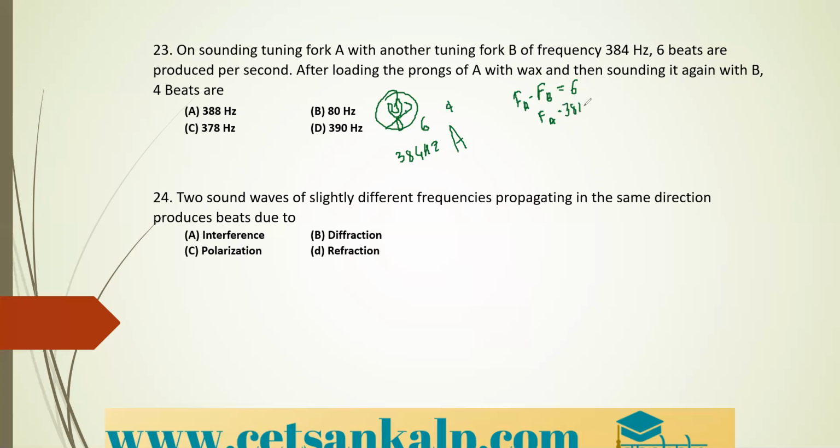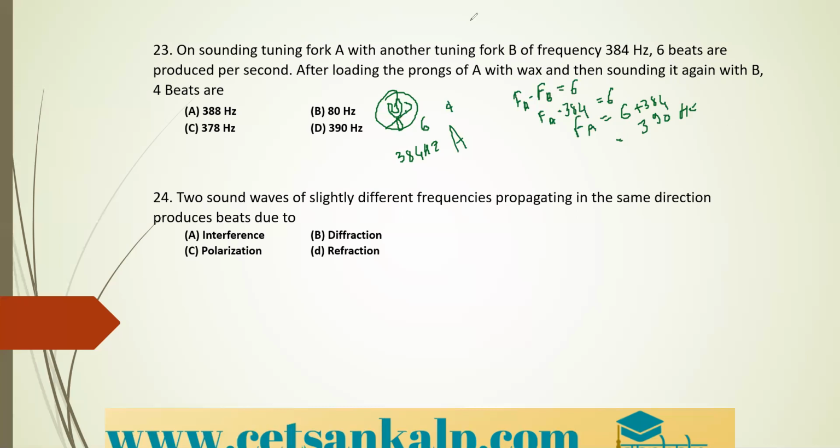It remains the same, that is 384 Hz. The wax is applied only to A. Therefore, now FA is equal to 384 plus 6, which is nothing but 390 Hertz. Many different methods are there, but if you use this method, it will be the shortcut one. Other methods are a little lengthy, therefore we can go for this method, right? So the correct option is option D, 390 Hertz.